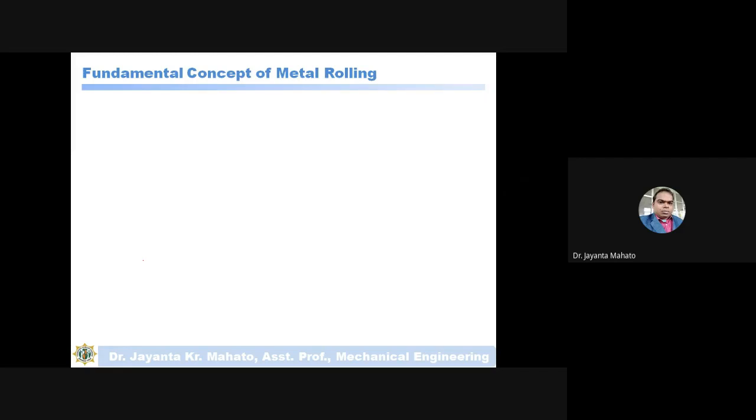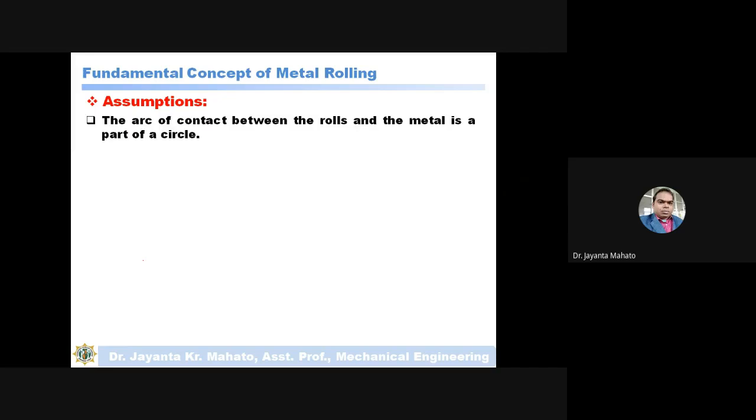Some fundamental concepts of metal forming. Some assumptions are made. These assumptions are required, like the arc of contact between the rolls and the metal is a part of a circle. Means the contact between the roller and the workpiece is on a circle.